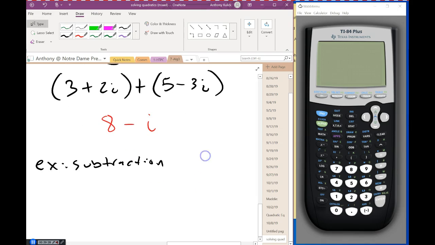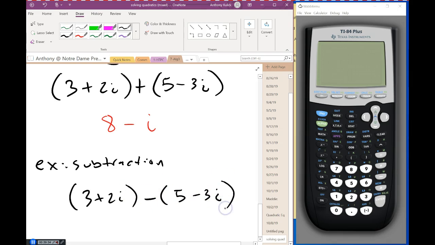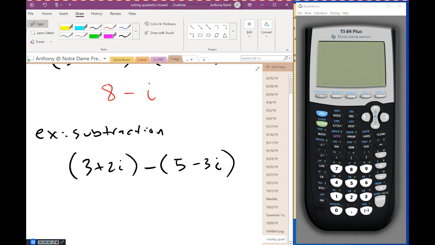What if we wanted to do a subtraction problem? Well, what you remember is the definition for subtraction. We've used this before recently. I can rewrite subtraction as adding a negative, right?